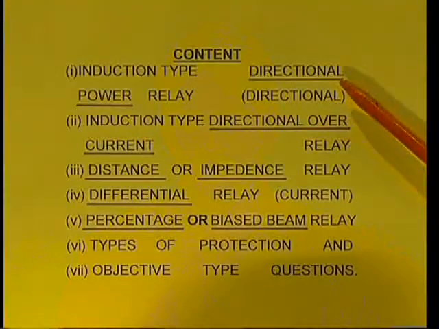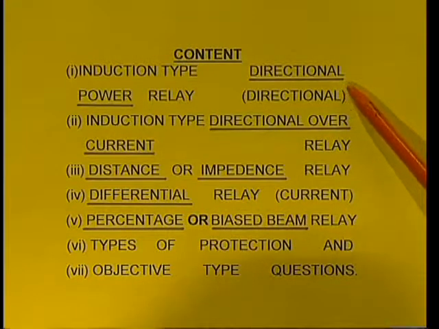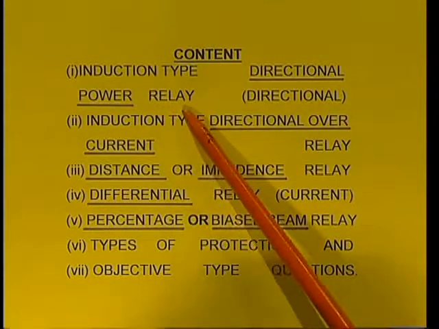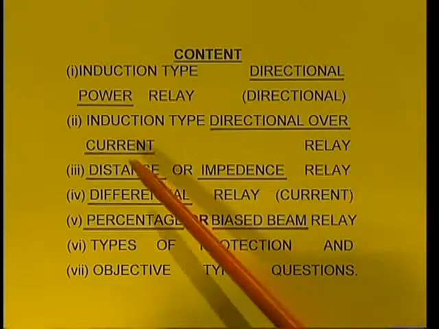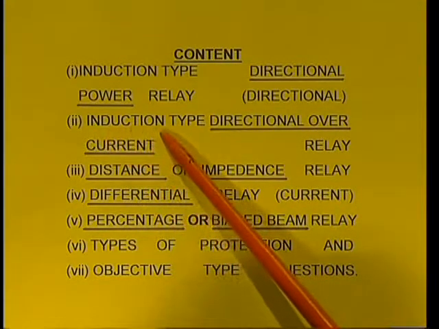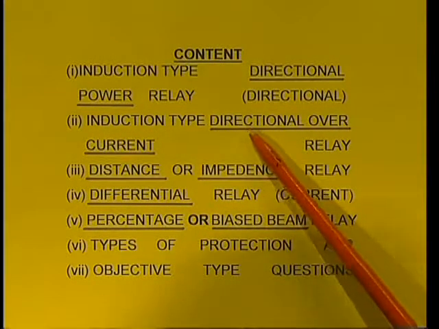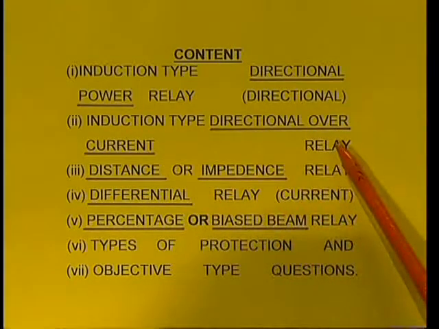Now today we are discussing other types of protective relays. The contents of this session are as seen in the caption. First one is induction type directional power relay. Second one is induction type directional overcurrent relay.